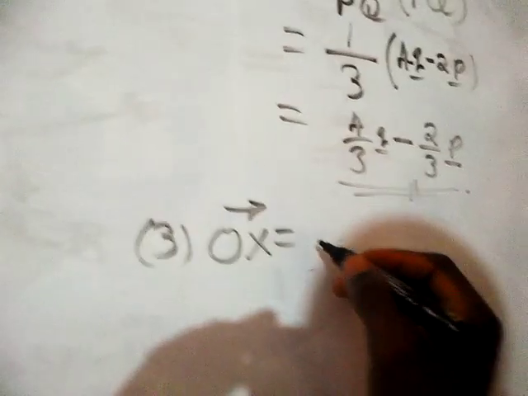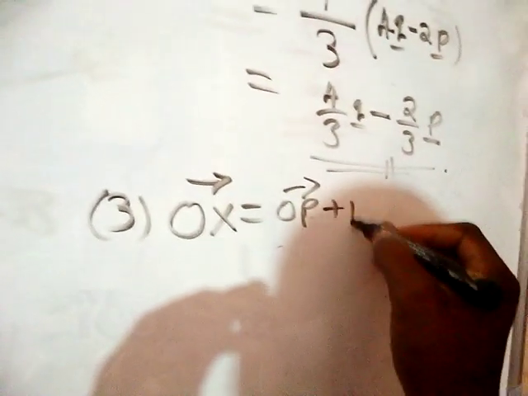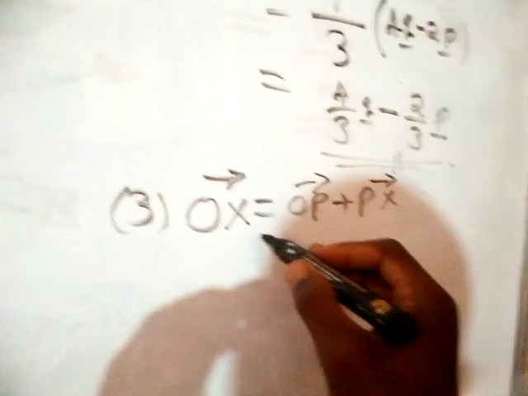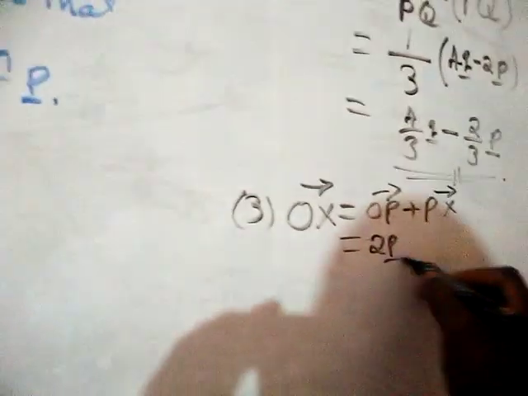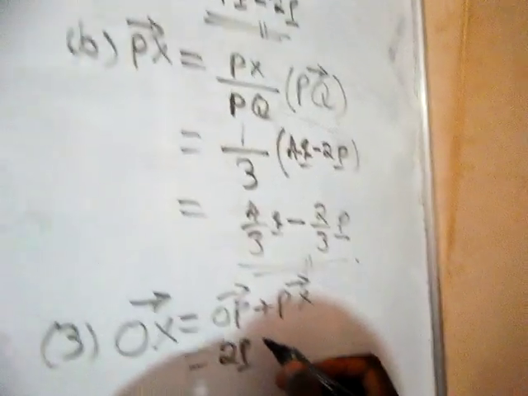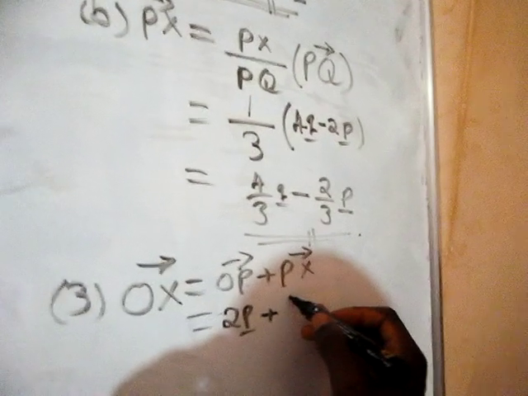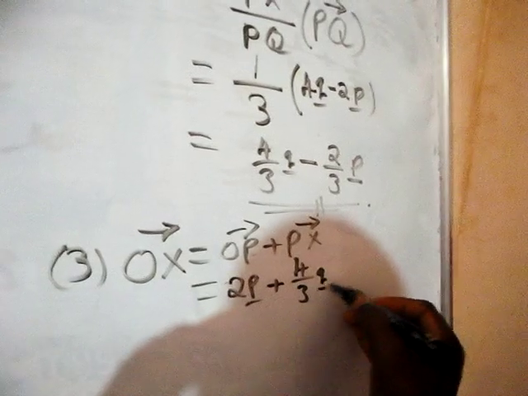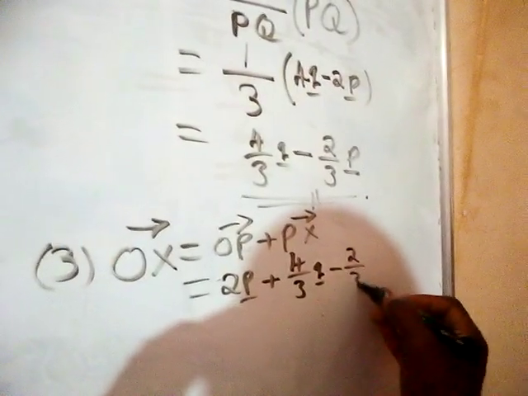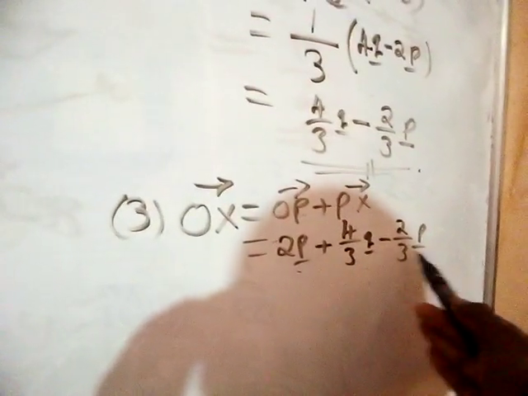Now let's get started. So vector OX will be vector OP plus vector PX, where vector OP we know as 2 vector P, whereas vector PX is what we've just found. We're just going to bring this down. This will be 4/3 vector Q minus 2/3 vector P. From here you simplify. We have the P, we still have the P here.